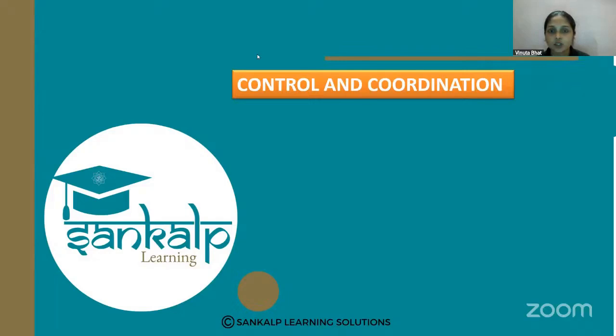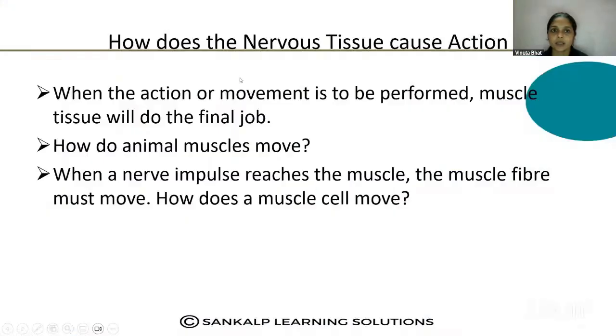The first topic was the neuron, and the structure and function of the neuron, and we studied the reflex arc. Reflex arc is a very important topic. Then the brain, its parts, and the function of different parts of the brain, that we studied in the last class.